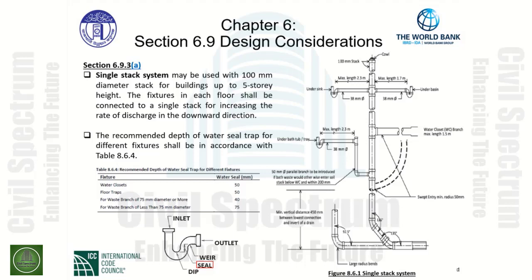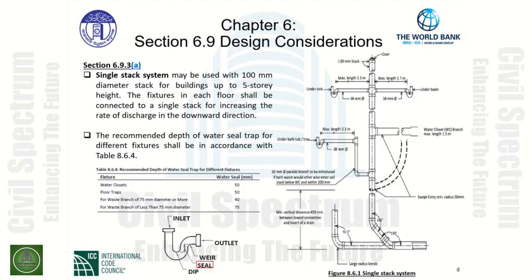Below the table is an explanation of a trap and where the seal is located for a trap. We have the inlet that comes in from the fixture discharging into the trap.